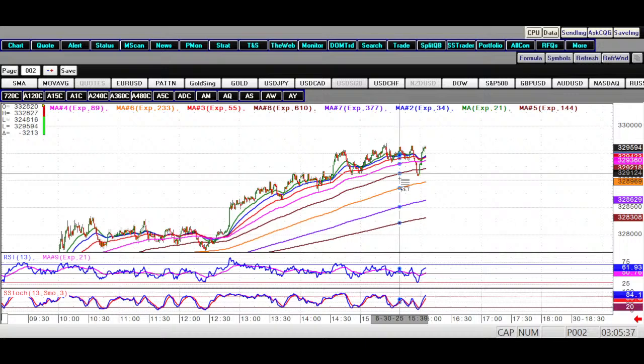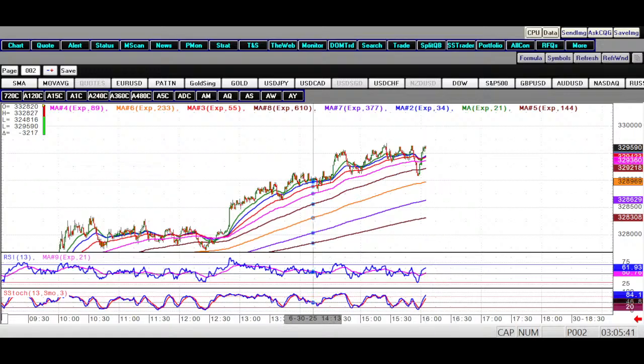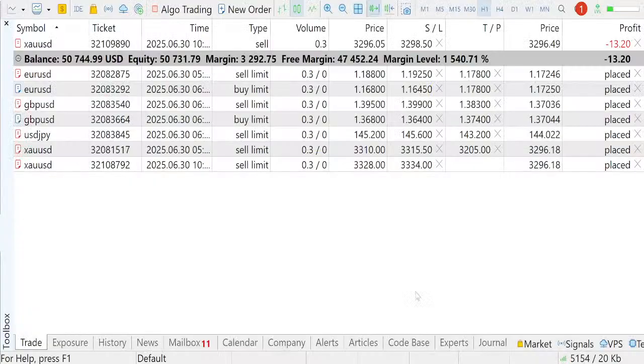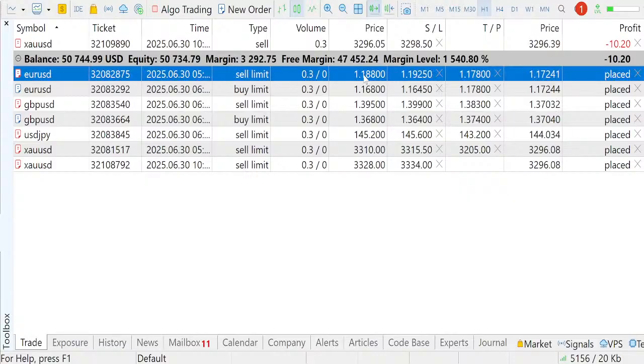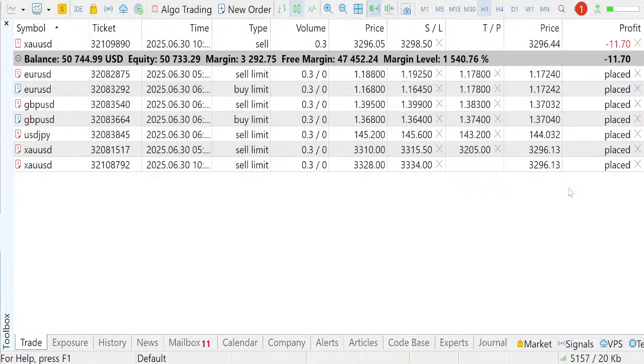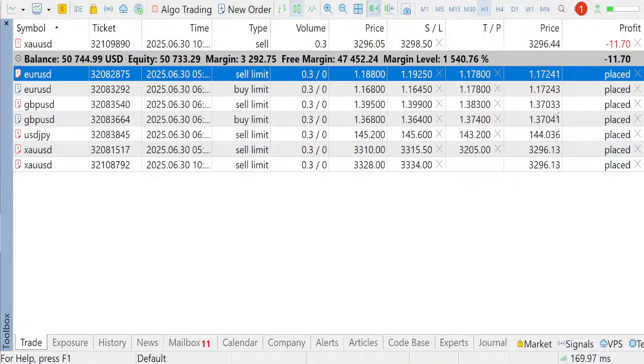As of now, today being Monday, we want to be a bit slow. Euro, I think right now the price is 1.1725.